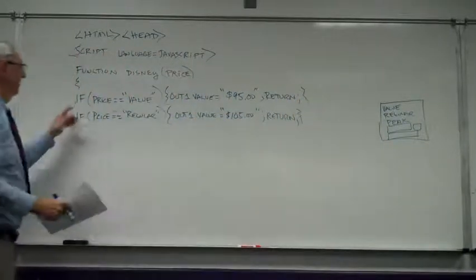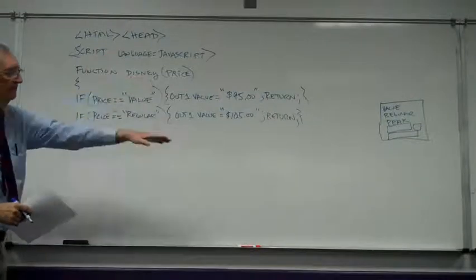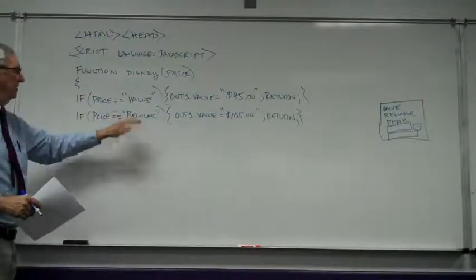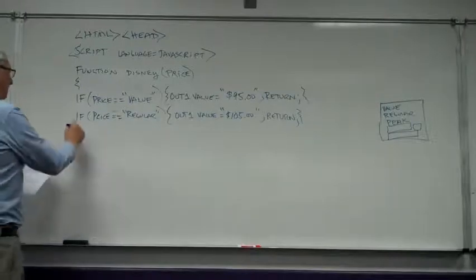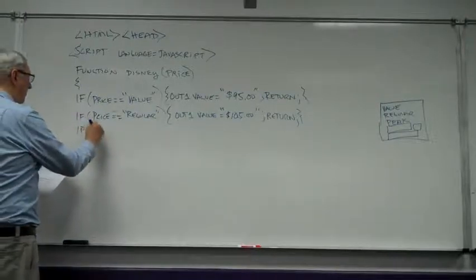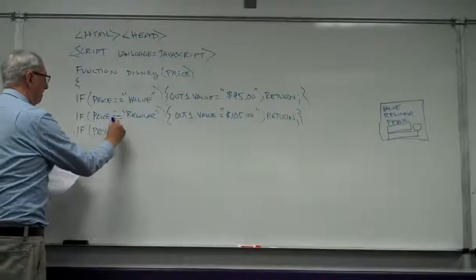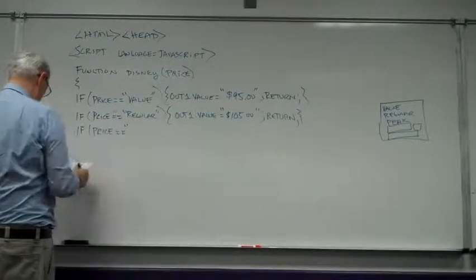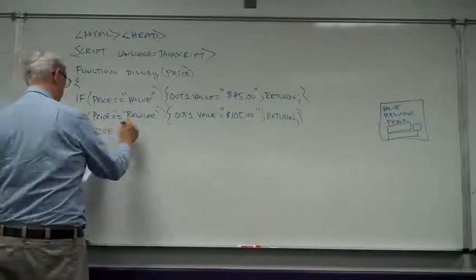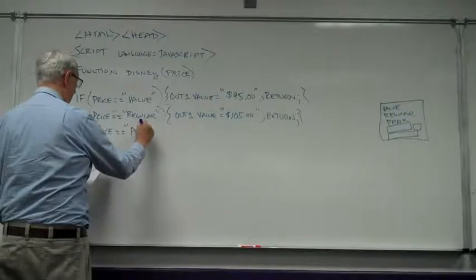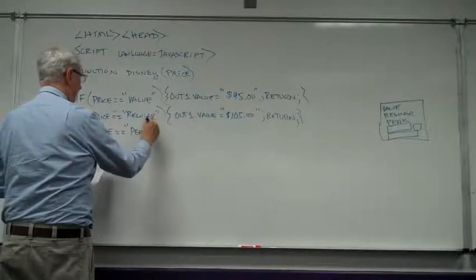So in other words, if they say the word value, they're going to see $95 on the lower line. If they say regular, it's going to show that on the lower line. Finally, if you typed in peak, that's the busy time. They're going to really put it to you.